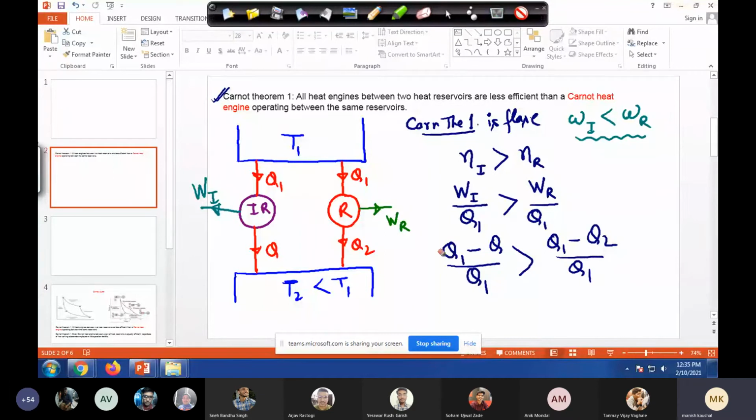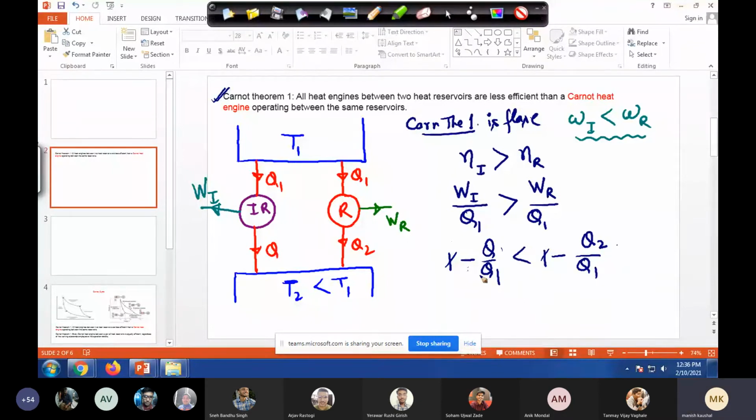If we solve it more, it will be simply 1 minus Q by Q1, greater than 1 minus Q2 by Q1, right? Of course, 1 gets cancelled. Then there is a minus sign, so if you do this minus plus, this sign will be flipped.